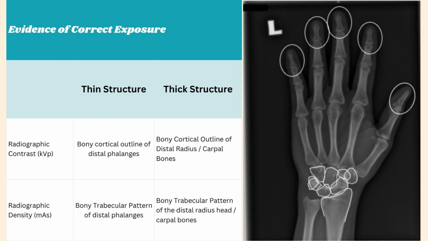In addition, the mAs, which contributes to optimal radiographic density and image detail, can be assessed by observing the visibility of the bony trabecular patterns. Clear visualization of trabeculae in both thin and thick structures serves as evidence of correct exposure technique.